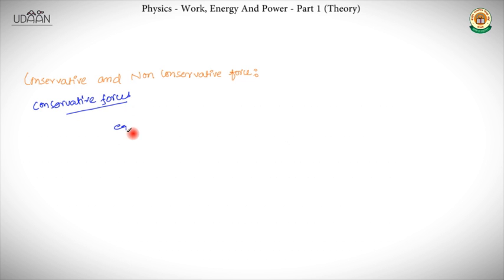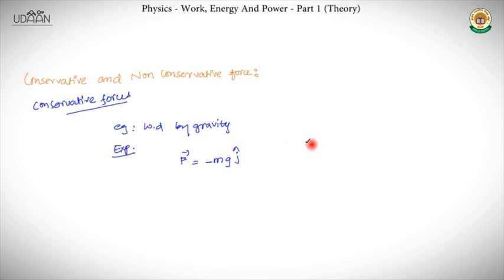For example, if we take work done by gravity, let me explain it. Force on the body by gravity: let us take the force vector by gravity equal to minus mg j cap, because it will be acting in the downward direction.